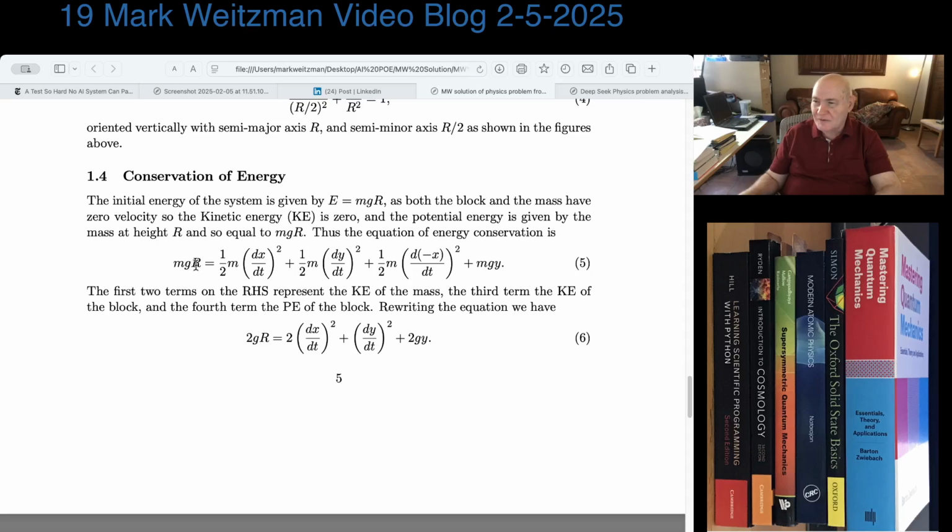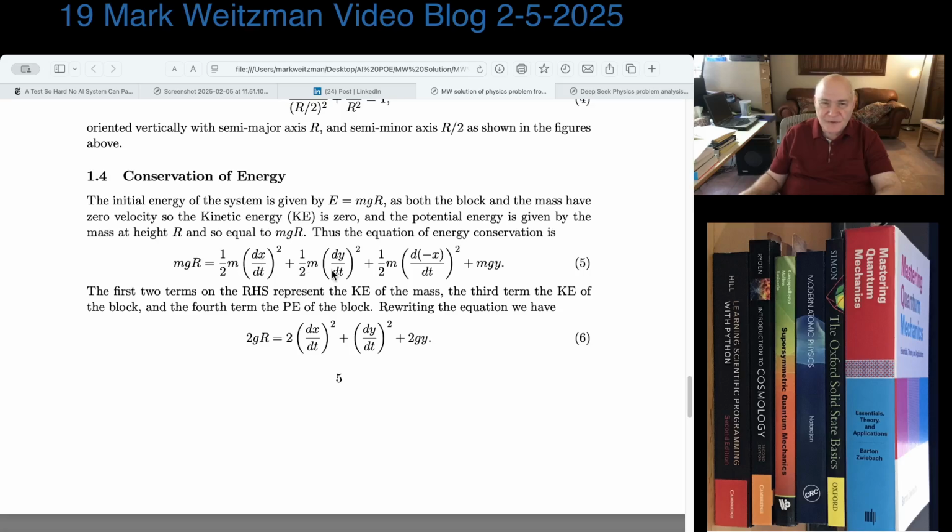We start out where both masses are at rest, so there's no kinetic energy, but there is gravitational potential energy, mgr. And then in general, that's going to be equal to 1/2 m, this is the kinetic energy of the mass that moves around the ellipse.